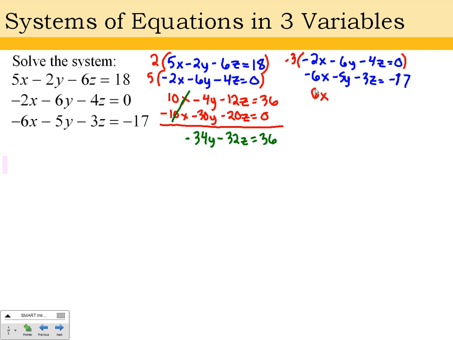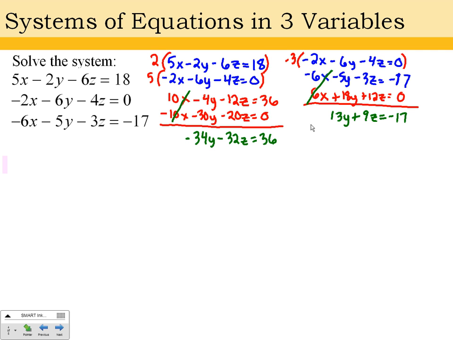That gives me 6x plus 18y plus 12z equals 0. Okay, so I can eliminate my x's. Negative 5y plus 18y is 13y. Negative 3z plus 12z is 9z equals negative 17.